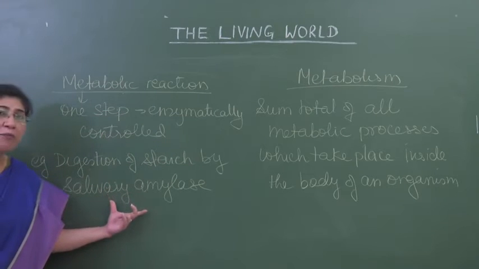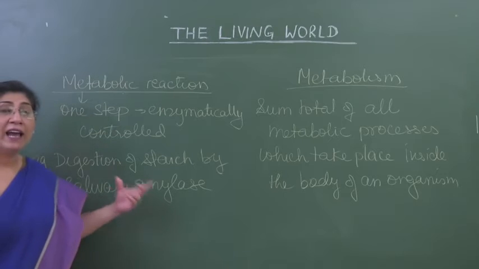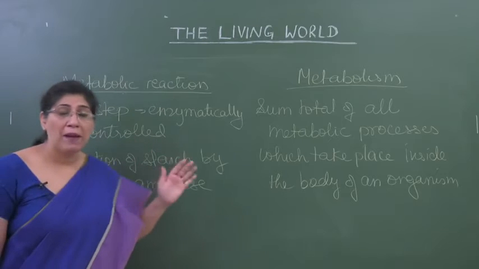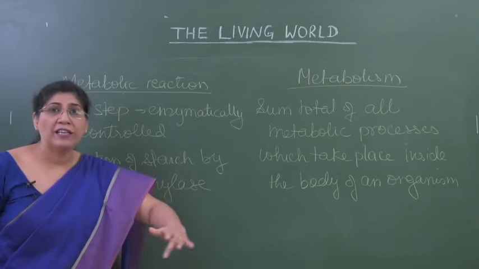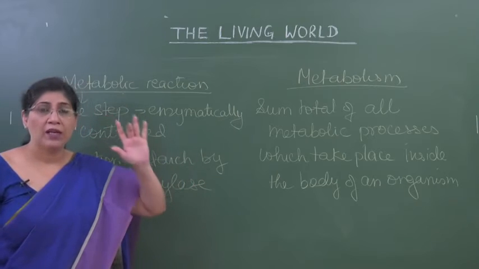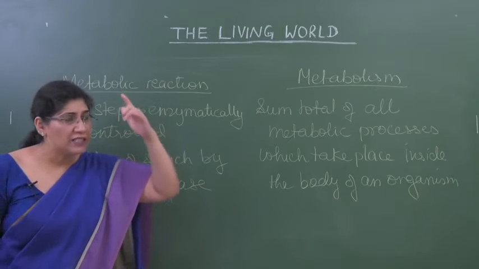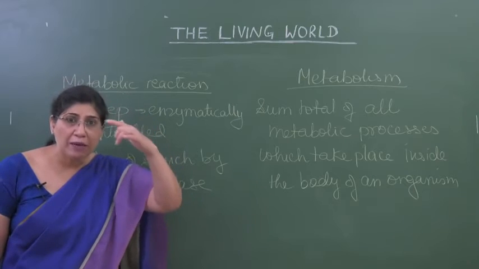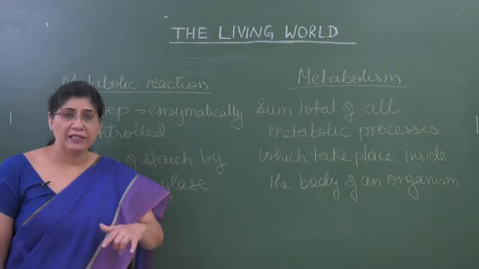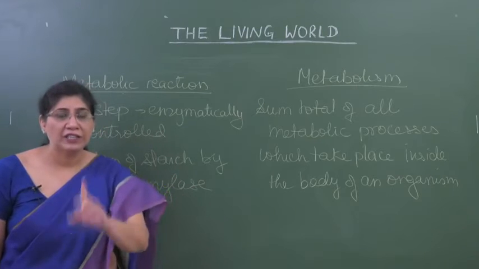Similarly, digestion of protein in stomach by pepsin will be a metabolic reaction. It will not be metabolism. The complete digestion through your digestive system is metabolism, whereas each step of that digestive process is a metabolic reaction.